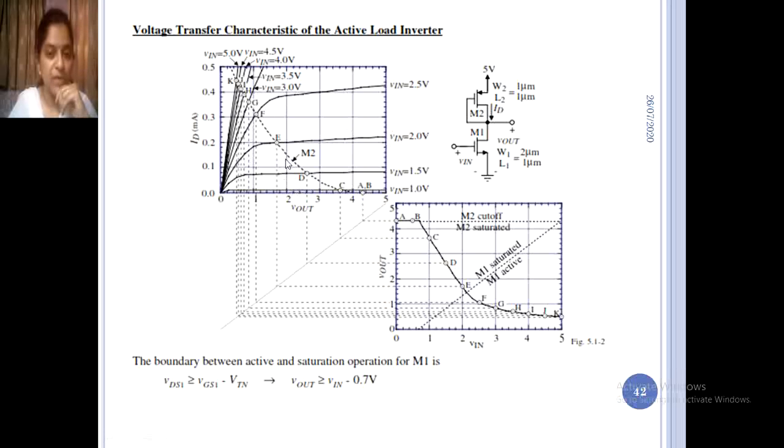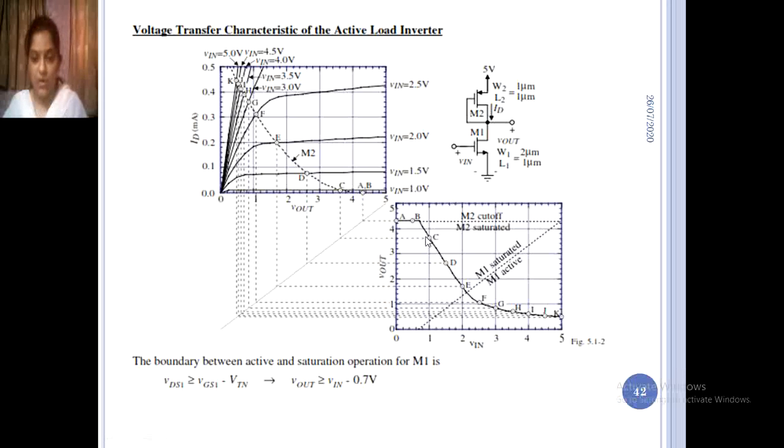According to that, we have plotted Vout versus Vin. The same points, A, B, C, D, E, carry over from this graph to this graph.